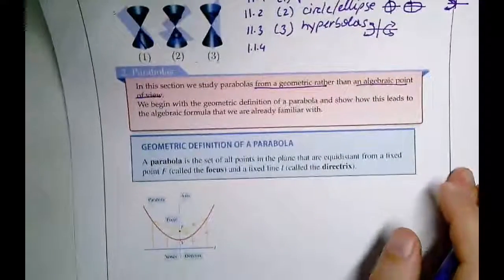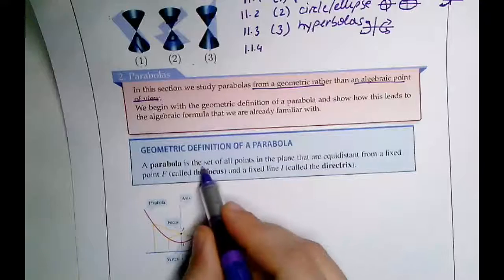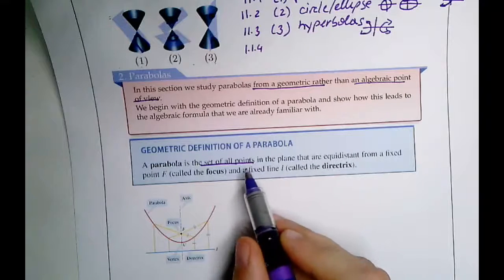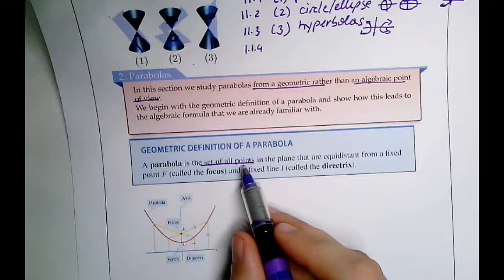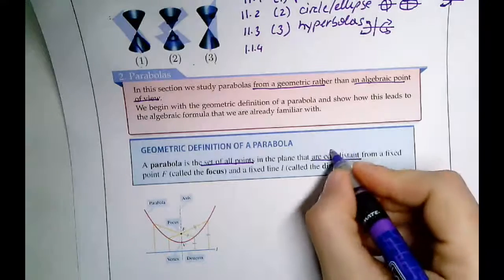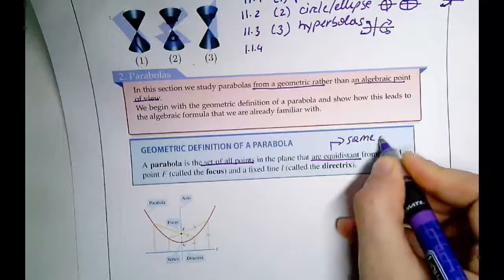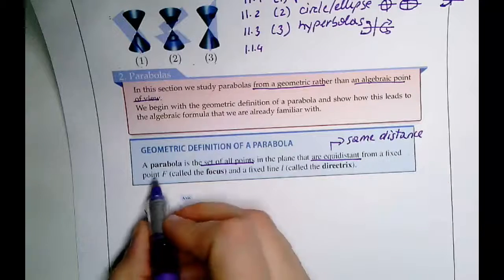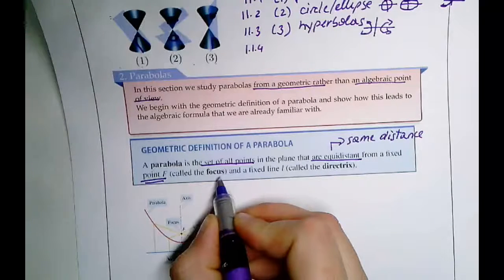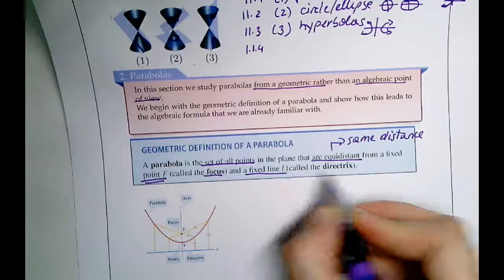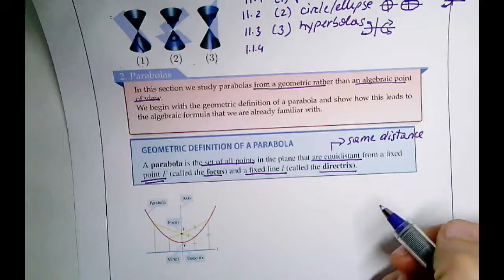All right, so geometrically, a parabola is a set of all points. What kind of points? A parabola is a set of points in the plane that are equidistant, so they are the same distance, from a fixed point called F, which comes from focus, and a fixed line L called the directrix.